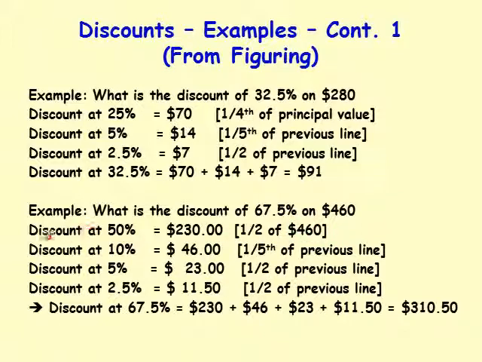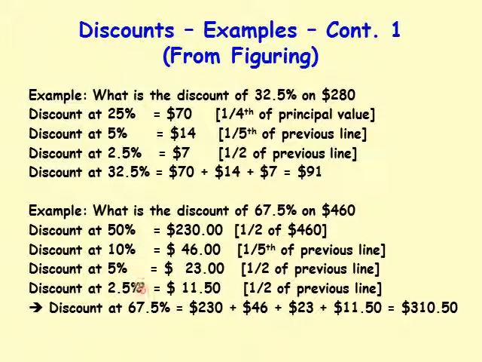Okay, so now you see that if it's not straightforward multiplication, you can divide and conquer. We use the divide and conquer sutra here. 32.5 is equal to 25 plus 5 plus 2.5. 67.5 is equal to 50 plus 10 plus 5, and plus 2.5.